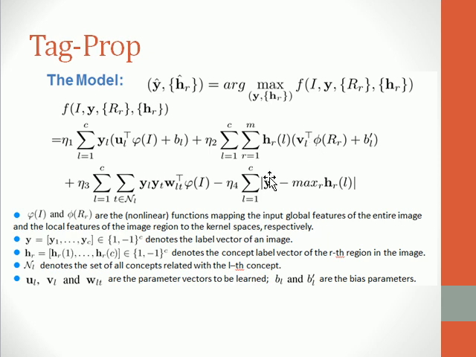Part 2 models associations between region level labels and local visual features. Part 3 captures the inter-label correlations dependent on image features. And Part 4 measures the coherence between image level labels and region level labels.